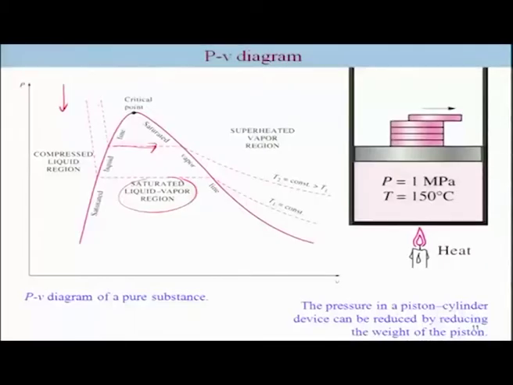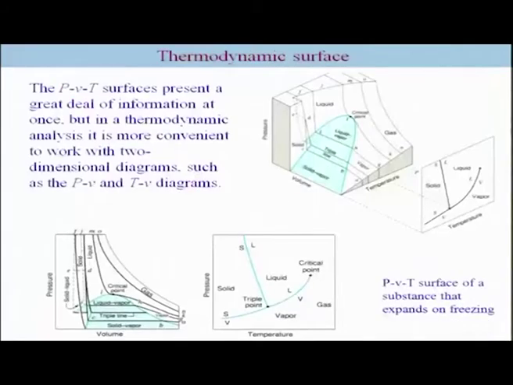As we reduce the pressure until the liquid starts vaporizing, it will remain in the compressed liquid region, and then it will reach the saturated liquid vapor region until all the liquid gets vaporized, and subsequently the volume keeps expanding, and thus the slope is negative and it will be in the superheated region. So the rest of the definition of the regions remains the same. So this is the PV diagram of a pure substance.